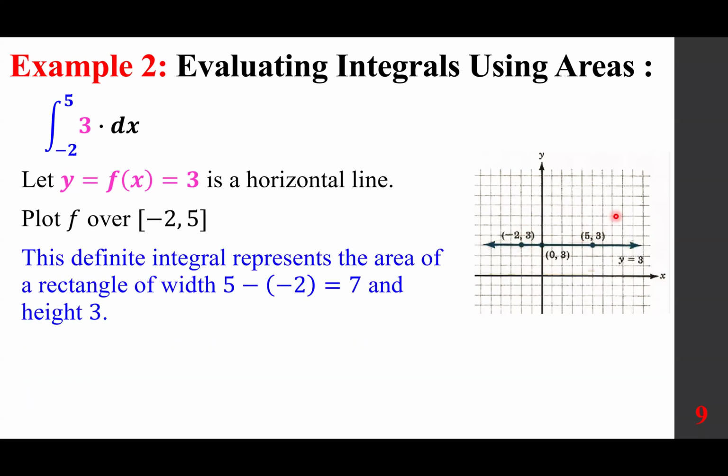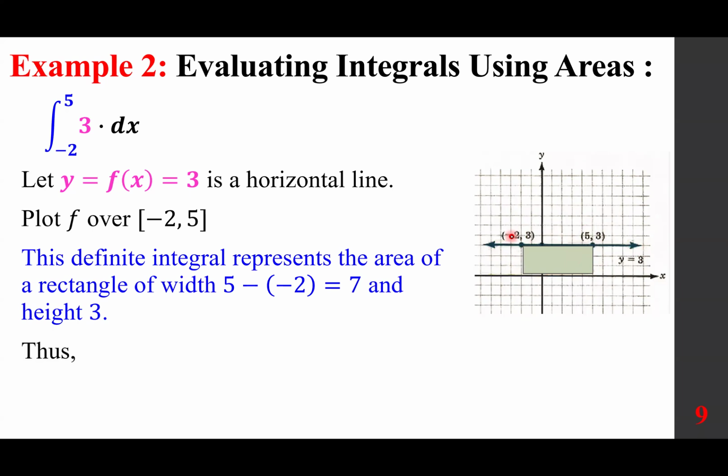So this definite integral represents the area of a rectangle of width 5 - (-2), or 7, and height 3. The height is fixed at 3, and the width is 7.